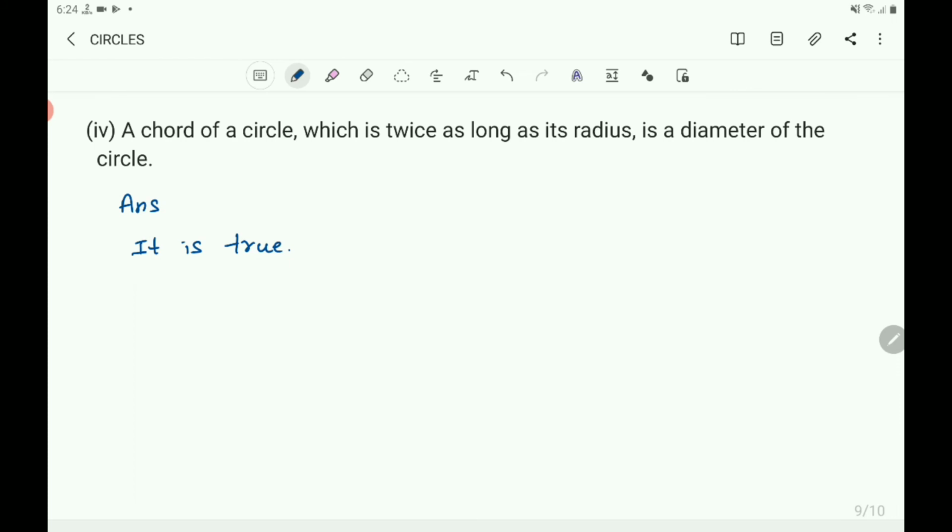You know that because by the definition of diameter, diameter is a chord of a circle and it is twice of the radius.